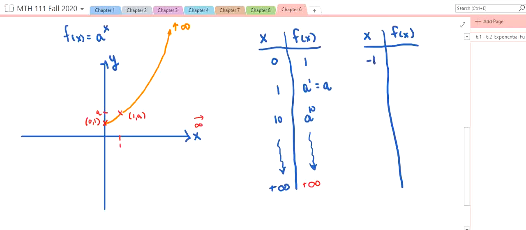When x is minus 1, this is a to the minus x, which is the same thing as a to the x raised to the minus 1 power. Whenever you see a negative in your exponent, that flips down into the denominator. So 1 over a to the x.